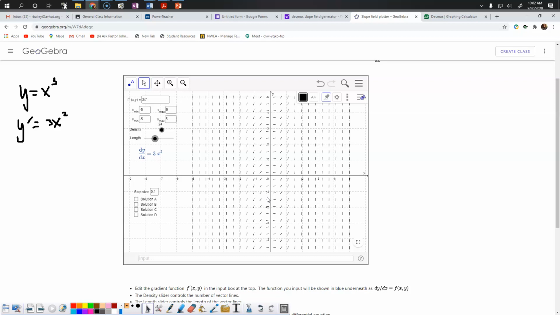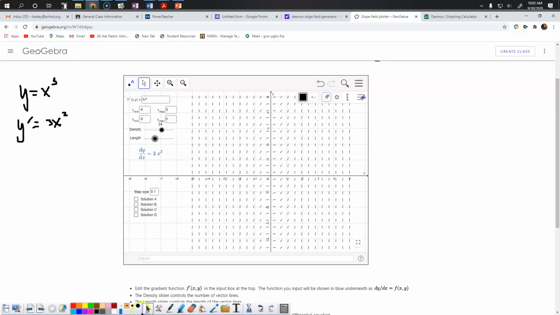Okay. Now, I want you guys to notice something though. Imagine this picture is like a picture of a river, and imagine these little lines that we're looking at are like the current of the river.